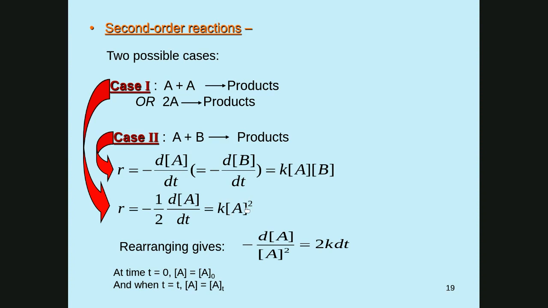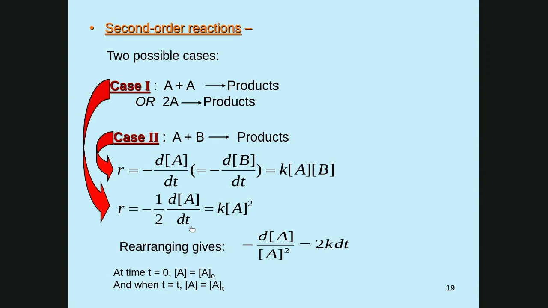Again, if we want to find what this implies for the time course of the concentration of A, so we start off at time 0 with concentration A at A0, and ask the question, what will be the concentration of A at any future time t? Then we start off with the rate law, reorganize it a bit, and then apply the technique of integration, right? So the first step will be to move A squared to the left.